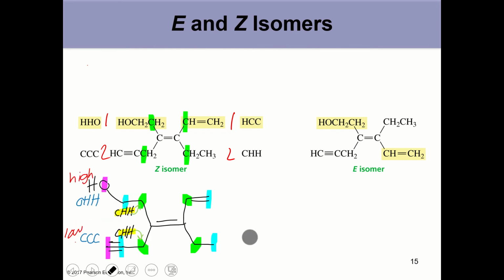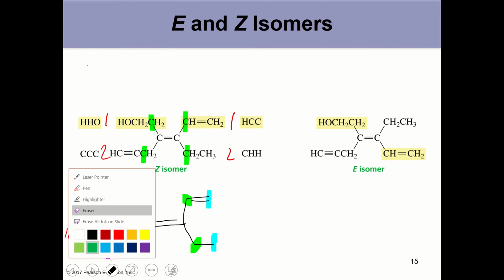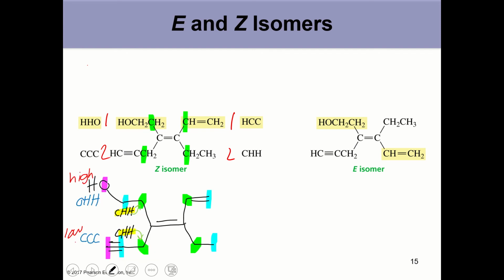Both of these have an atomic number of 6, and so they are equal. If we go out to the blue carbon and we look at the atoms that are bonded to the green carbon. Bonded to the green carbon, we have carbon.